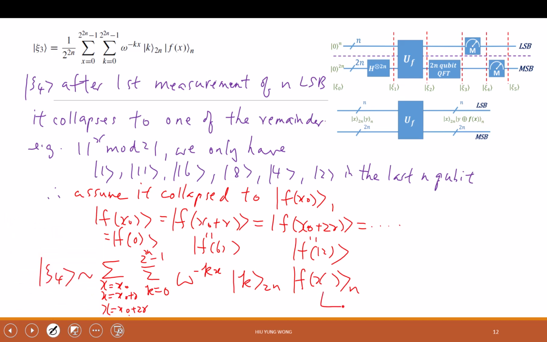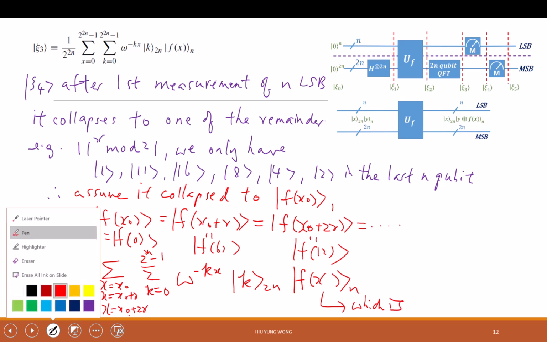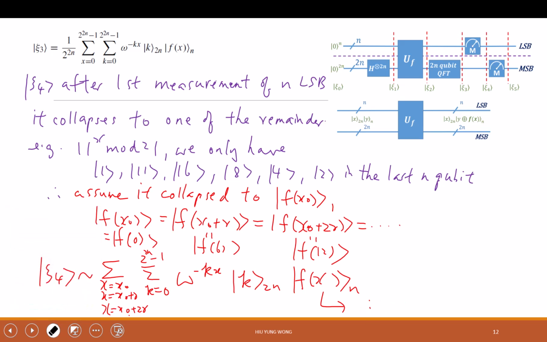Maybe that is better. Okay, let's pause here. I know this is the most confusing part.